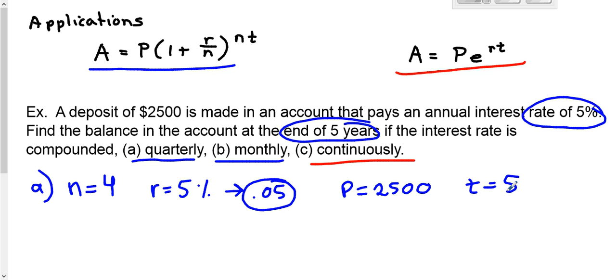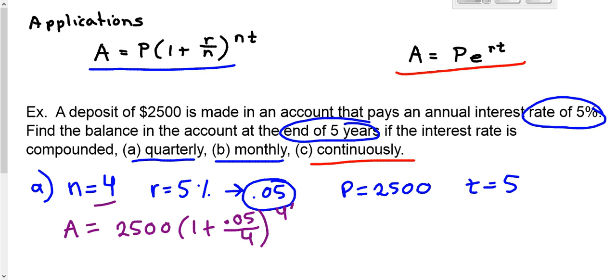So let's plug all of this information in to figure out our final amount. We are looking at A. So A is 2,500 times 1 plus the rate, 0.05, divided by the number of times a year, which is 4, all to the 4 times t, which is 5.